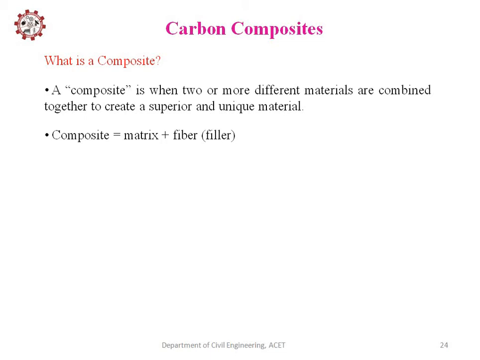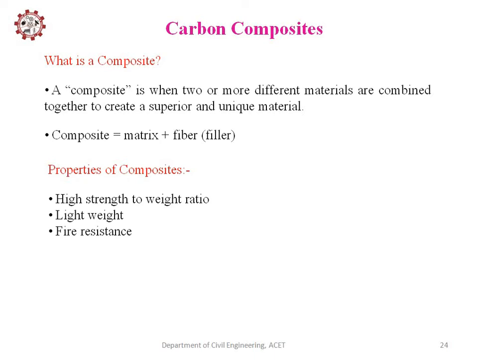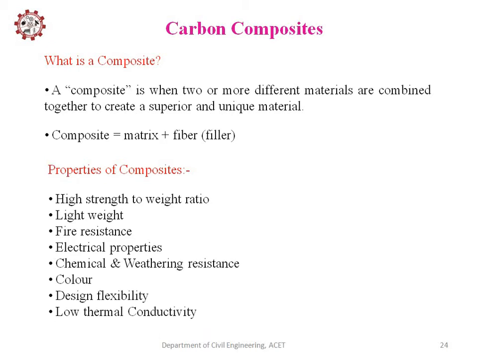Here carbon composite means composite matrix plus fiber filler. The properties of composites are high strength to weight ratio, lightweight, fire resistance, electrical properties, chemical and weathering resistance, color, design flexibility, low thermal conductivity, and manufacturing economy. All these are the properties of a good composite material.